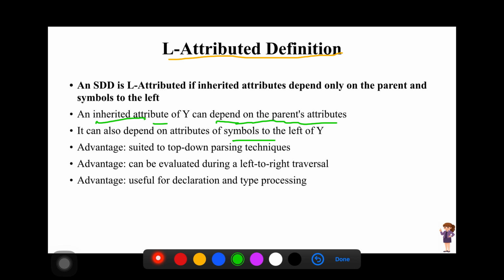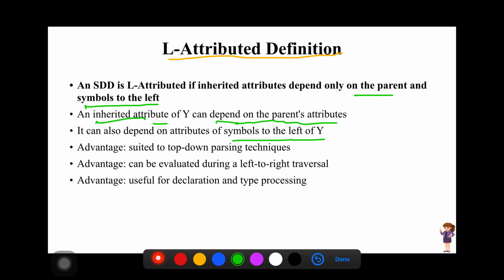This is useful because parsing often proceeds from left to right. For example, in declarations such as int a, b, c, the type information int can be passed through the earlier part of the declaration to the identifiers that follow. L-attributed definitions are particularly useful with top-down and left-to-right parsing.